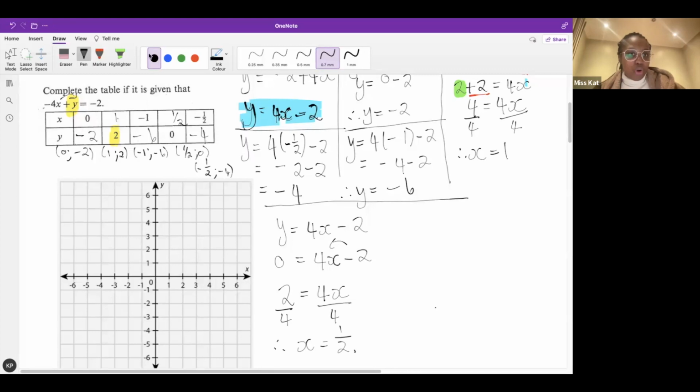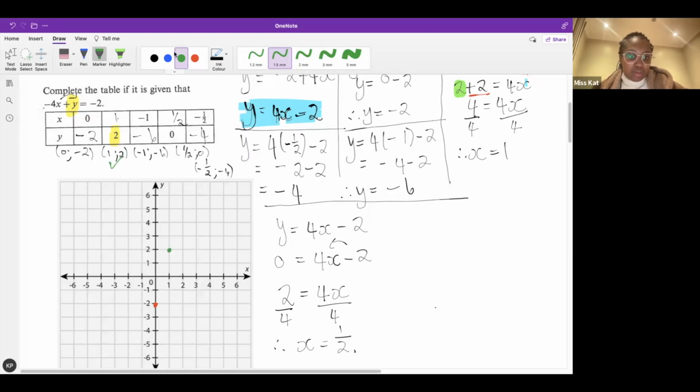Now let's plot it. Okay, first one, 0 and -2. I'm going to try and color code them so we can see what I'm doing. A second one is 1 and 2.